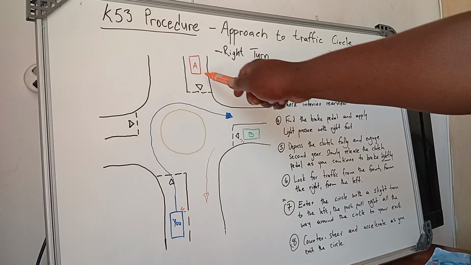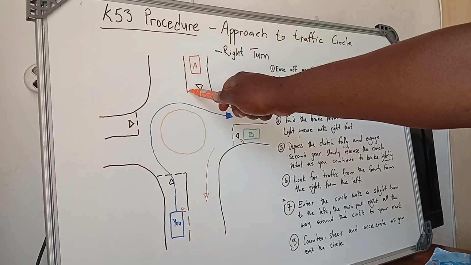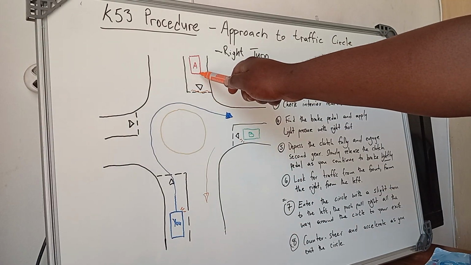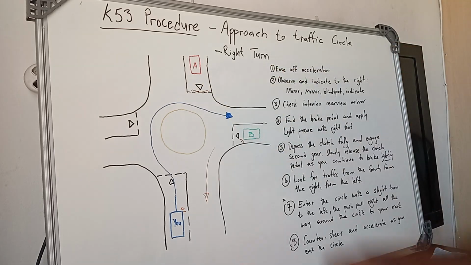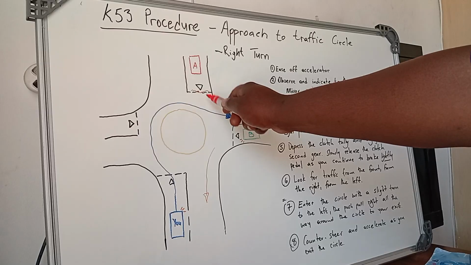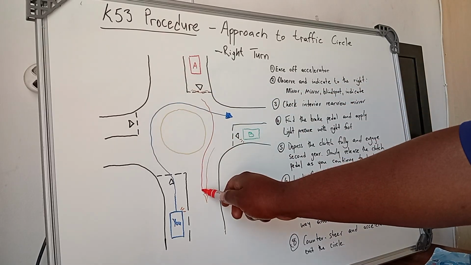However, if vehicle A is already at the line here and they're not indicating, that means they're going to enter the circle and come down here. Okay?